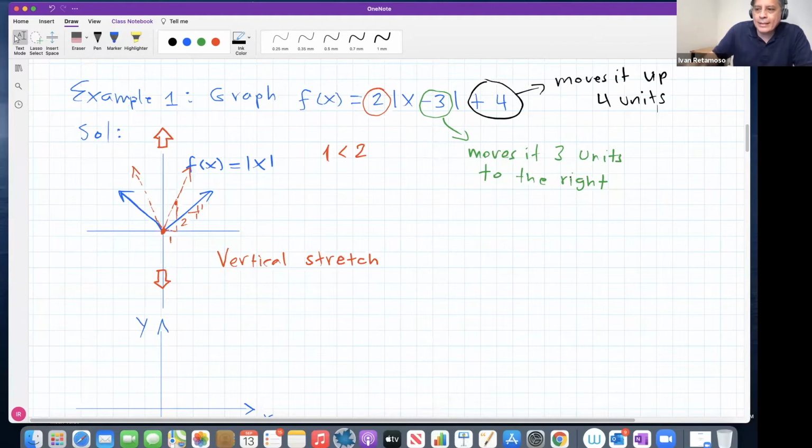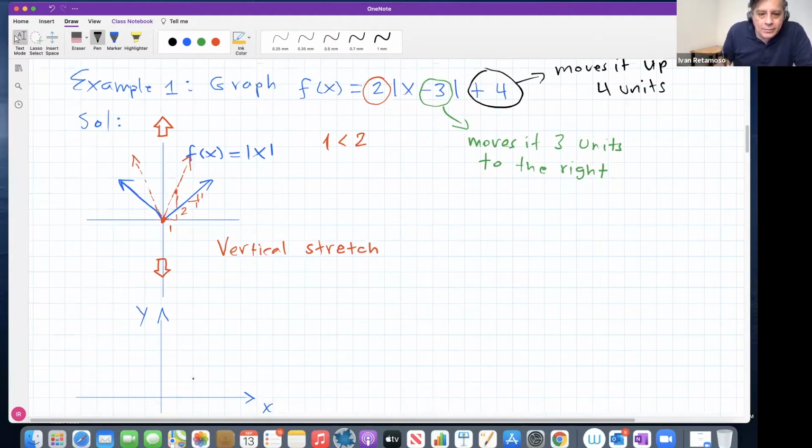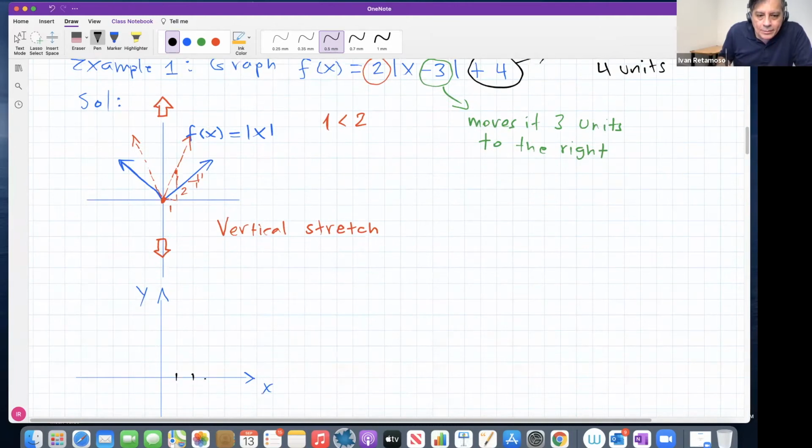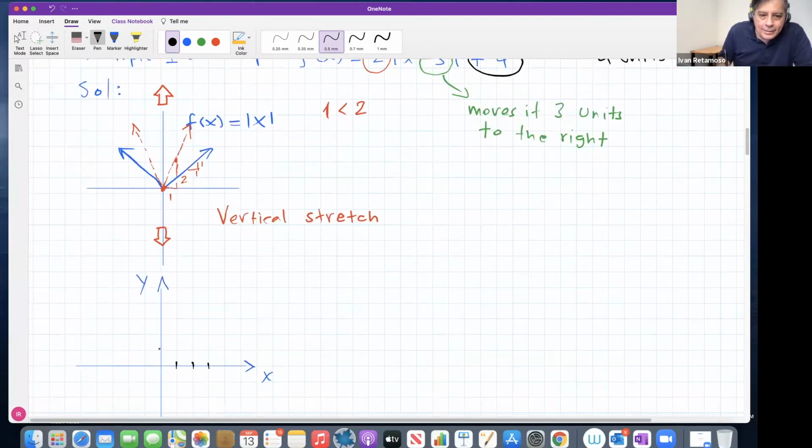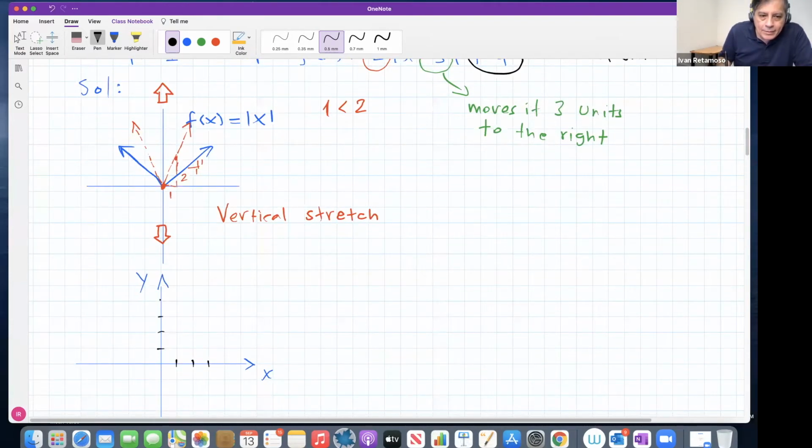For the horizontal shift, I go 1, 2, 3, and then 4 units up, 1, 2, 3, 4. This point is important. This was 0, 0, but in the end, this should be 3, 4.